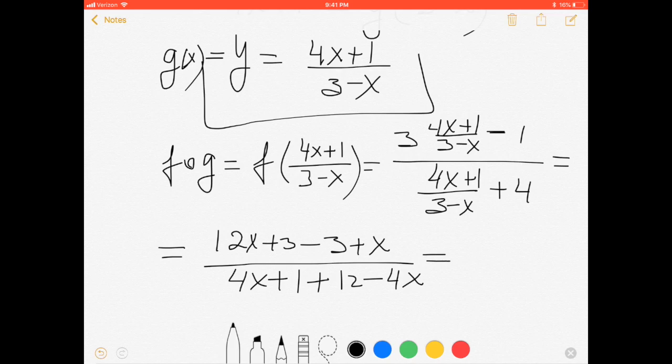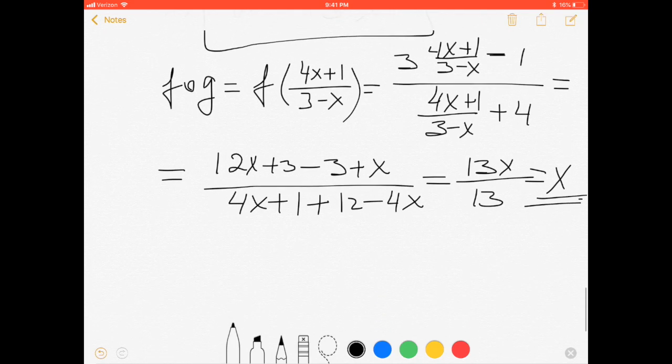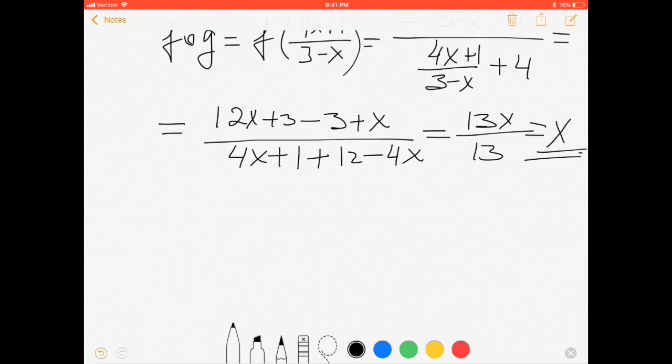And here we have 13x over 13. This means exactly x, exactly what you need. You can check g composite f yourself, and you will have exactly x too.